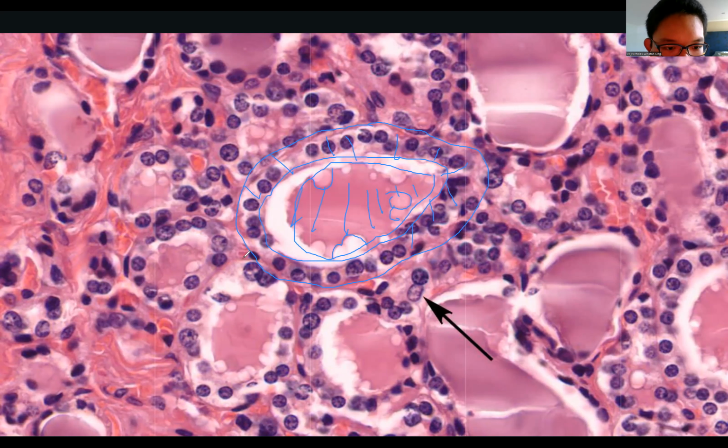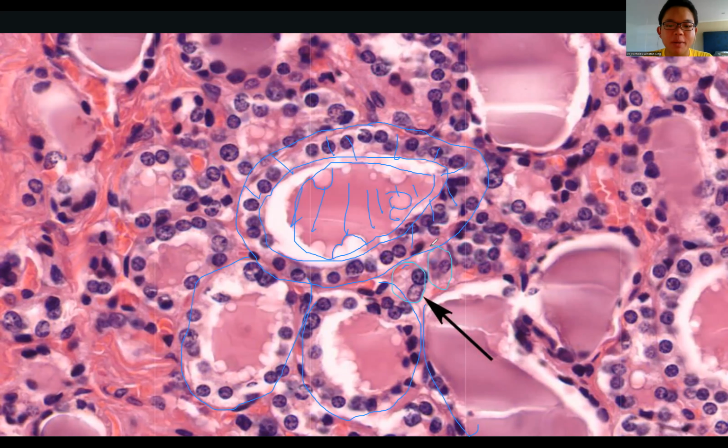As you can see, there are a number of thyroid follicles here and here. And in between these thyroid follicles, this black arrow points to the cells which are known as parafollicular cells. Para meaning in between, and follicular meaning follicle, which means the cell in between the follicles is known as the parafollicular cells.